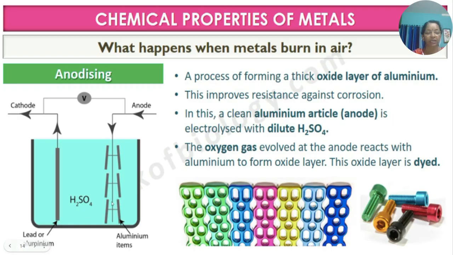It reaches the anode and reacts with the metal to form aluminum oxide on the surface. This process is called anodizing. It can be dyed into different colors so that it will not corrode at all. So it's a method to prevent corrosion. We'll study it later in this chapter.